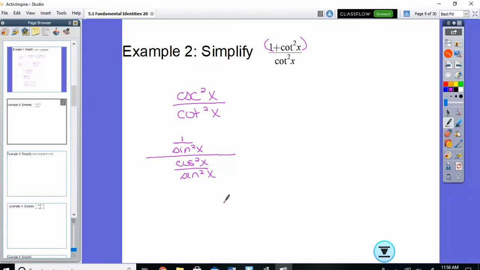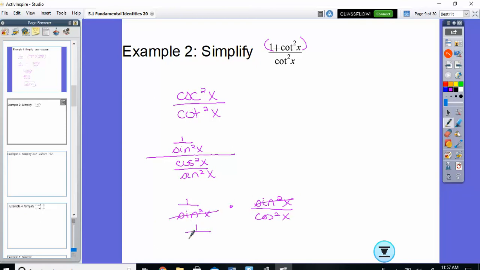Okay, think about algebra. How do you divide fractions? Flip and multiply. So the top one stays the same, times, and then I flip the second one. So it becomes sine squared x over cosine squared x. What happens now? Sines cancel.